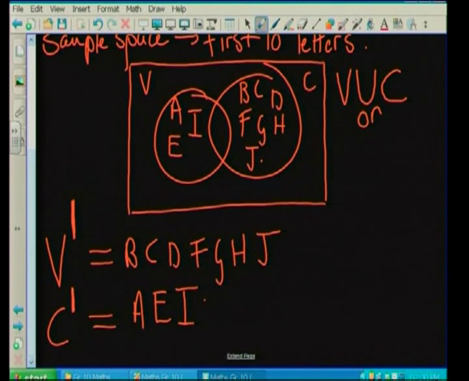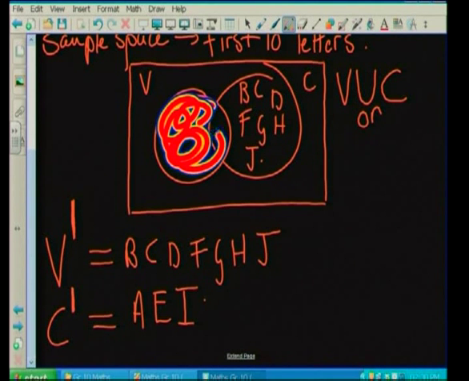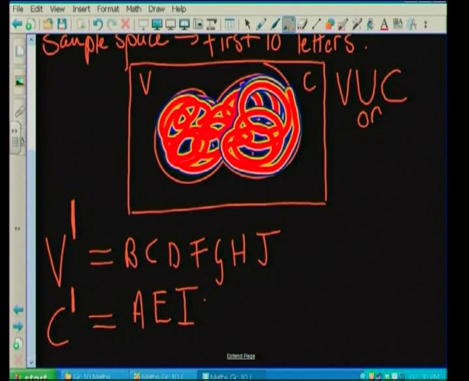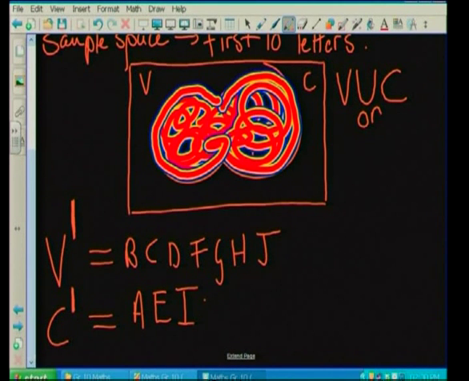And if I had to highlight the sample space vowel union consonant, let's get a highlighter out here. I will be highlighting everything that's vowel and everything that's consonant, and even if they weren't mutually exclusive events, even if there were some things in the intersection, that would also be highlighted. Right, so this is vowel union consonant.